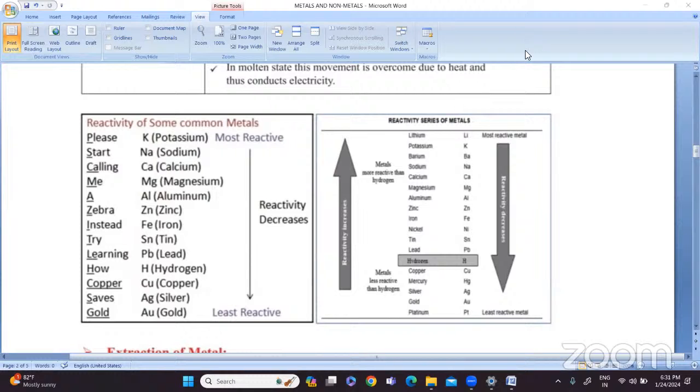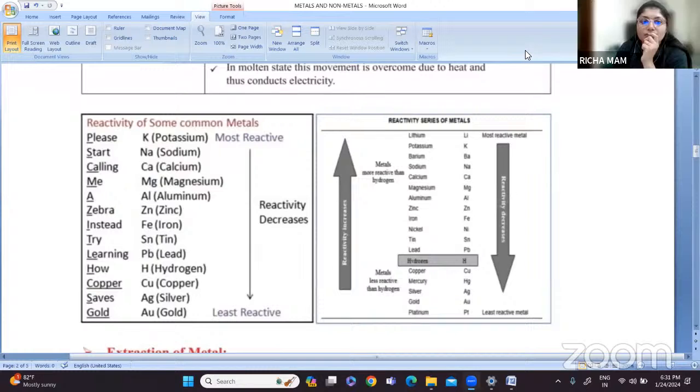So what is the reactivity series of metals, students? In the reactivity series, the metals are arranged in the order of their decreasing activities. You can see these metals here: potassium, sodium, calcium, magnesium, aluminium, zinc, iron, nickel, tin, lead, then hydrogen, copper, mercury, silver, gold, and platinum.